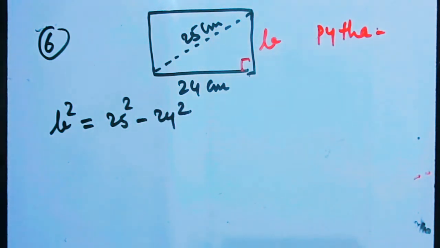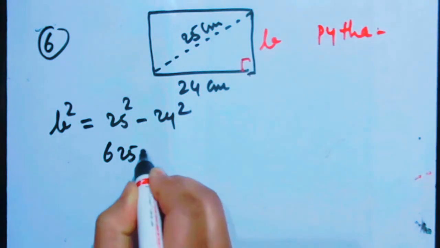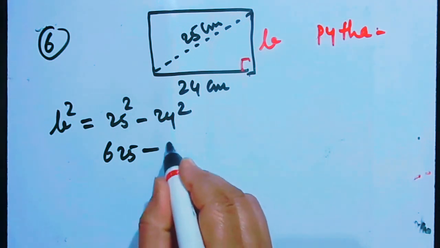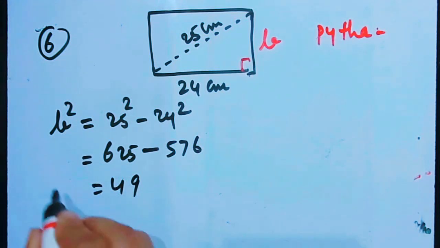B square is equal to 625 minus 24 times 24, which is 576. When we subtract, we get 49. Here you can see that your B square is equal to 49.